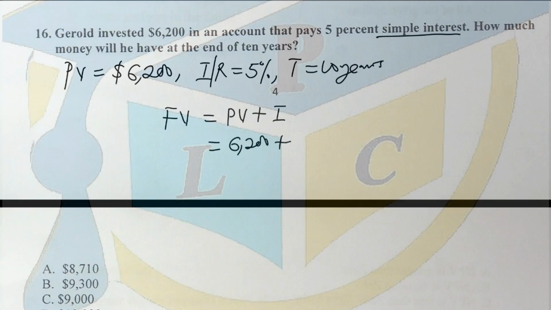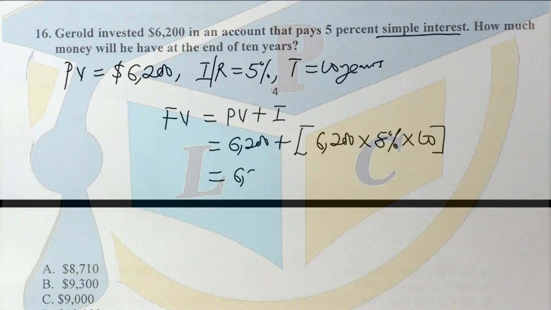6,200 plus, so how do you calculate the simple interest? It's your present value, which is the principal, multiplied by the interest rate, which is 5%, multiplied by your time, which is 10 years. So we have 6,200 plus 6,200 multiplied by 5% multiplied by 10, which should fetch you 3,100.